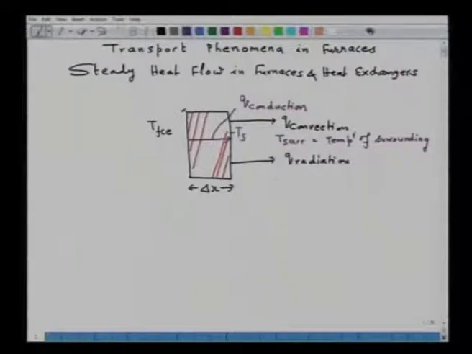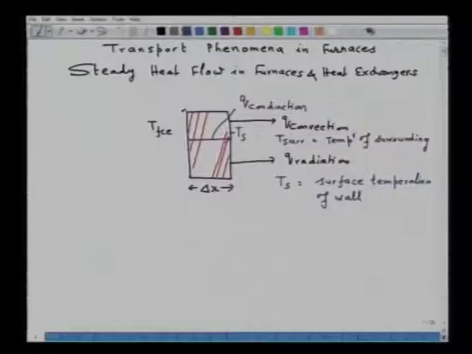So, Ts is equal to the surface temperature of the wall. So, our heat flow path is from the furnace to the wall, and through conduction, through the lining, and ultimately heat is lost from the wall of the furnace by convection and radiation.